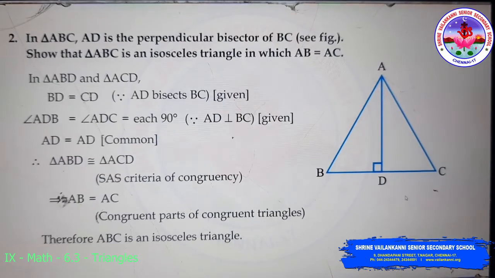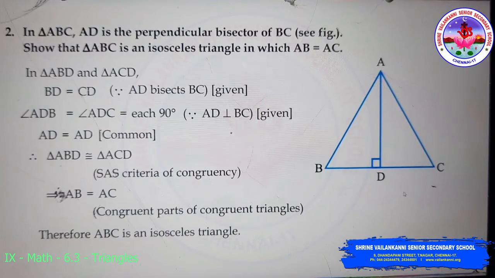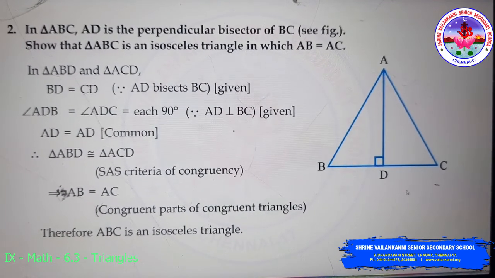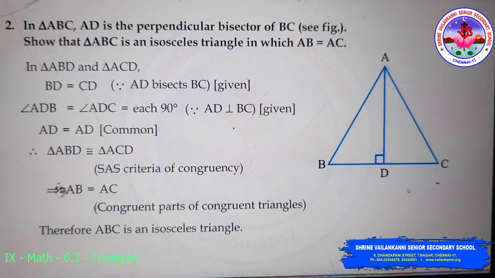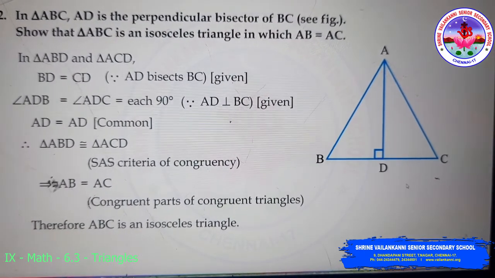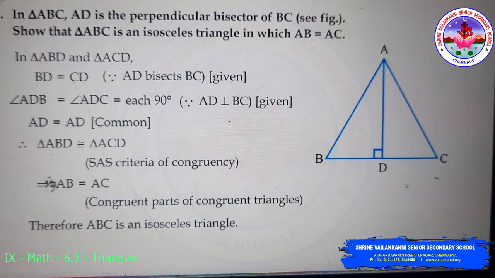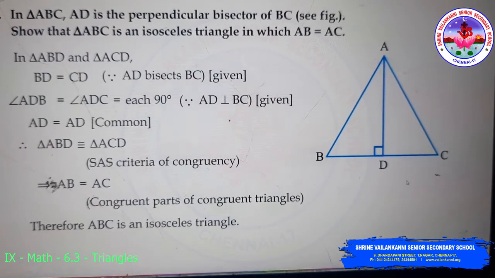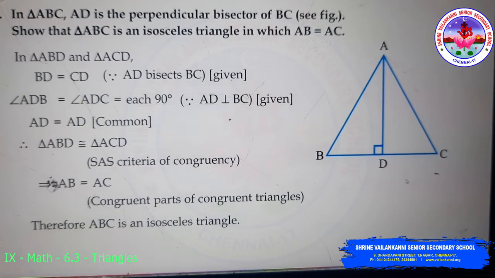Now coming to the solution, I want to prove that AB is equal to AC. We will prove this through triangle congruence, and by CPCT I can prove the sides are equal. So I take the triangles involving the sides AB and AC: triangle ABD and triangle ACD.